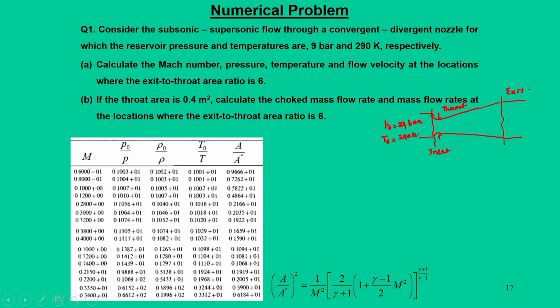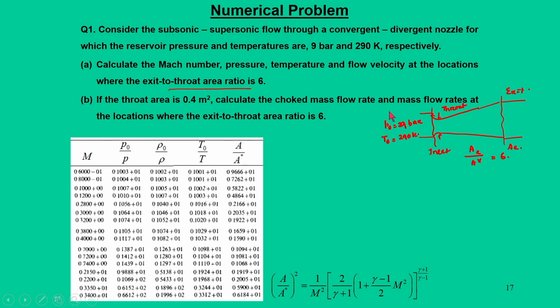We are also given the exit to throat area ratio, that is A_E by A star, equal to 6. Determine the flow velocity at the locations where the exit to throat area ratio is 6.